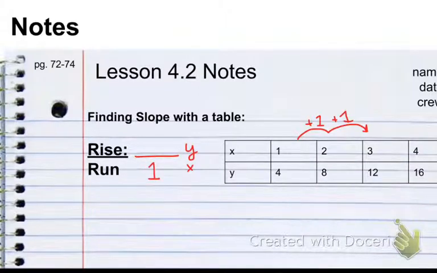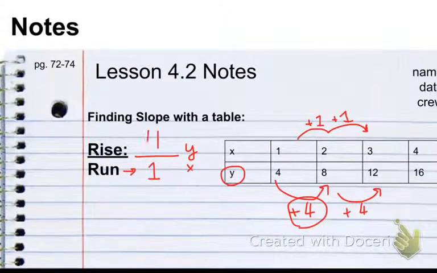What is my change in rise, the y value? I'm going up by 4 each time. So I get a rise of 4, a run of 1, and that becomes a slope of 4 over 1, or 4, if we want to make it easier.